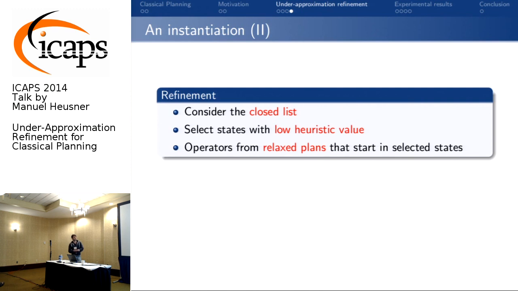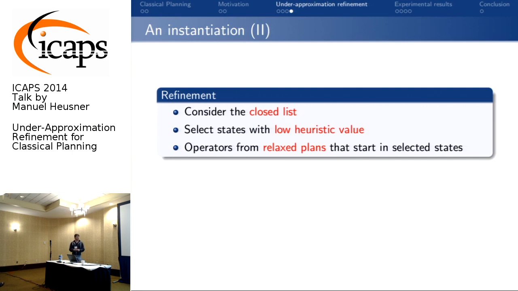Here we consider the closed list, and we order the states in the closed list according to their heuristic values. Then we select the state with the lowest heuristic value and create the relaxed plan on these states, because these states are assumed to be the nearest to the goal.